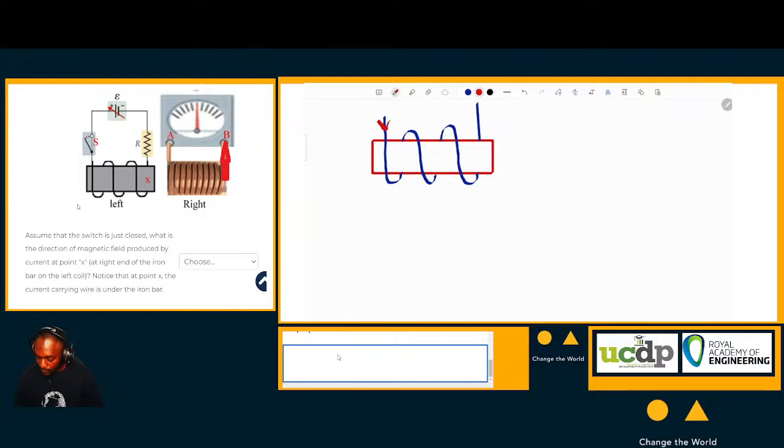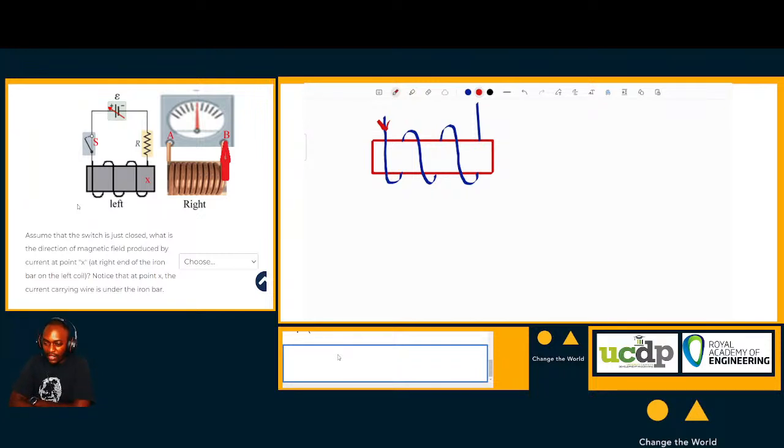So when you use the right hand grip rule, your fingers will curl. So in class, have you looked at determining the direction of the magnetic field due to a solenoid? I don't think so. I'm not sure.